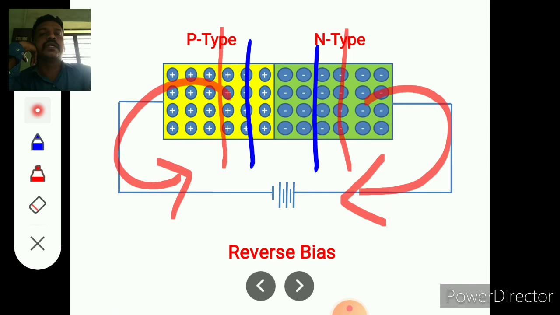Initially the depletion region is this much, but due to the flow of holes and electrons, it will become wider. Why does it increase? Because there is always attraction between opposite charges. Holes are attracted toward the negative terminal, electrons are attracted towards the positive terminal, and therefore this width will increase.